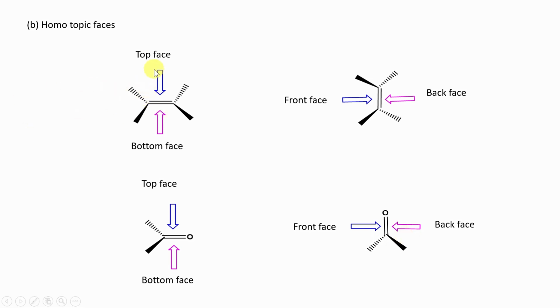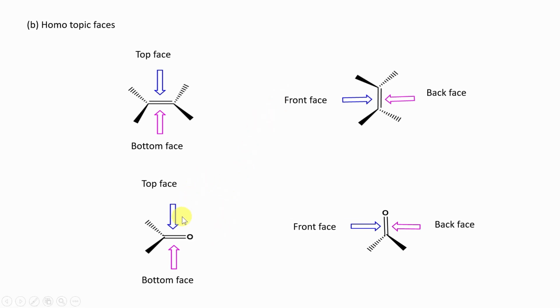Then addition to the top face or bottom face of this alkene, or front face or back face of this alkene, leads to the same pair of identical molecules in both cases, so we can say this alkene or this alkene will have homotopic faces.